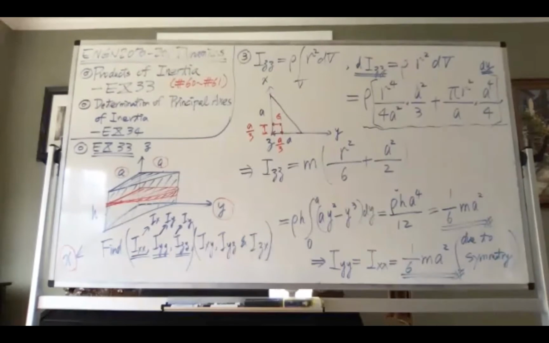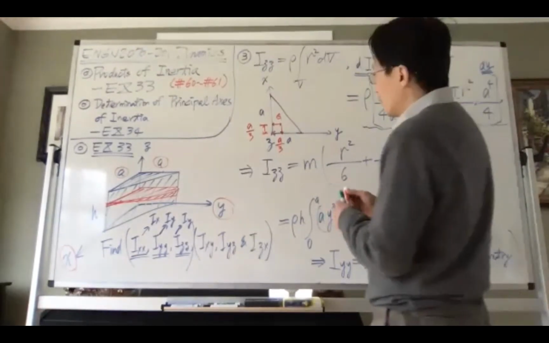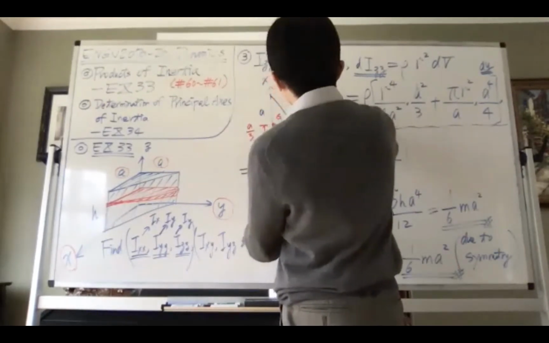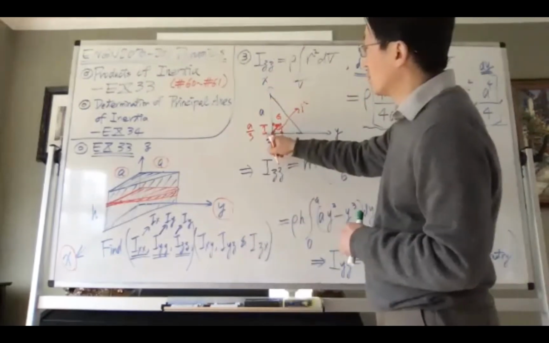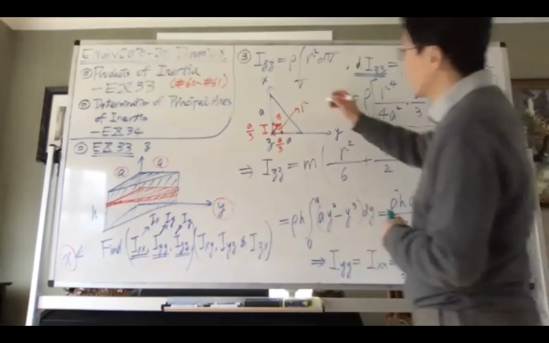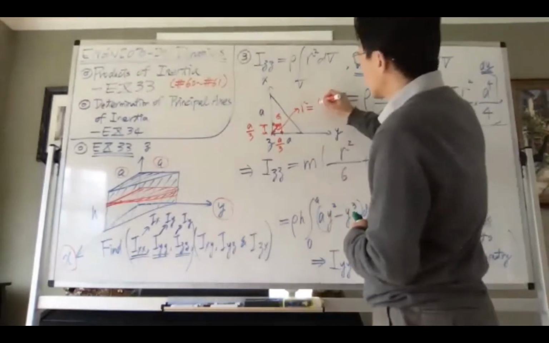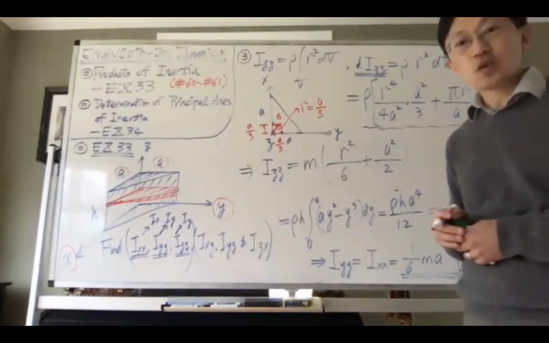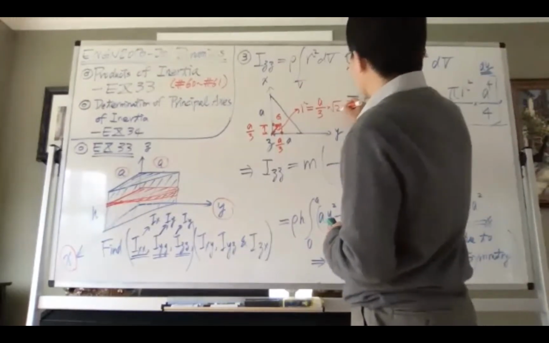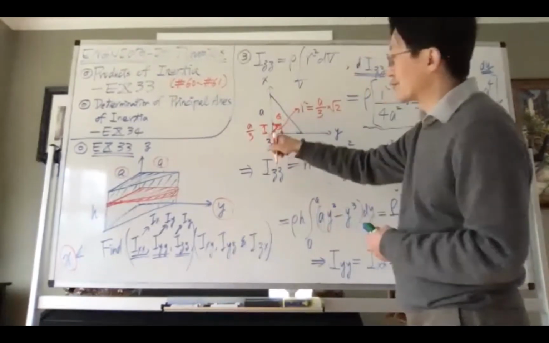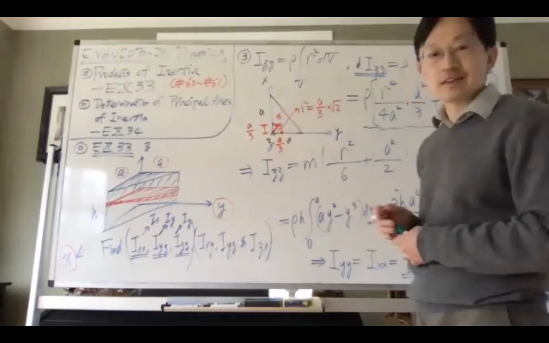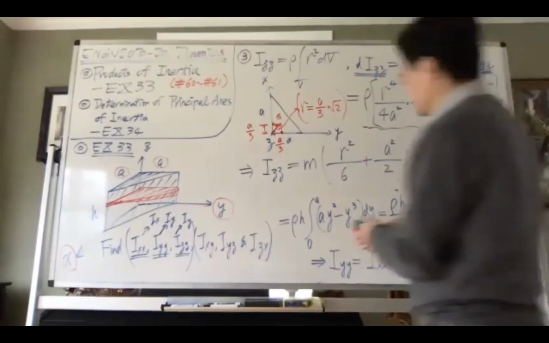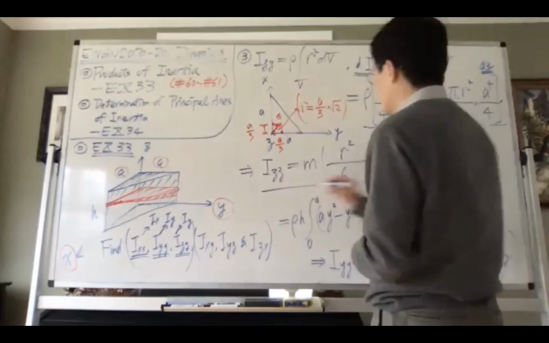So what is r? R is the distance from the center to this. R is from 0 to the center of gravity. In this case, what is R? R is a over 3 times what? Times square root of 2. Because R is the diagonal distance from the z-axis to the center of gravity. So this is R here. And then this will be our value for Izz.